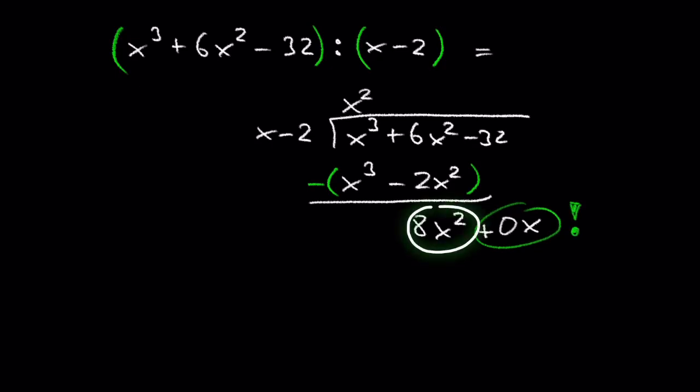Eight x squared divided by x is 8x. Eight x times x is 8x squared. And 8x times negative 2 is negative 16x.